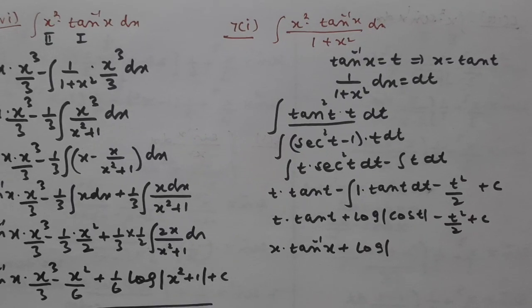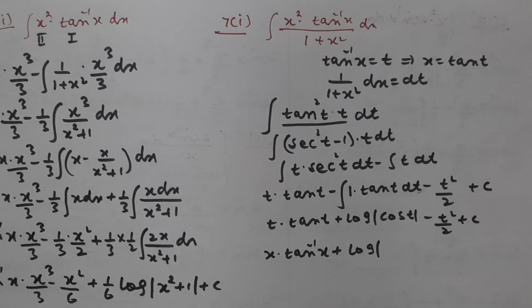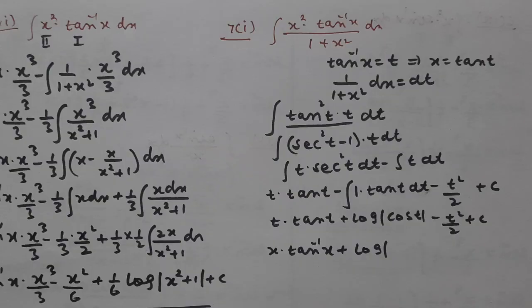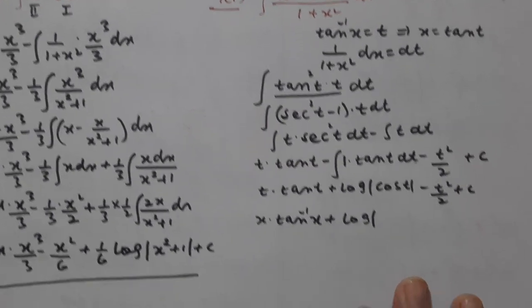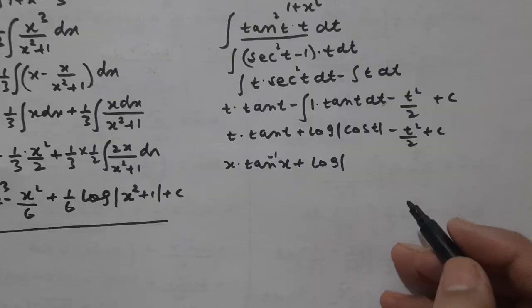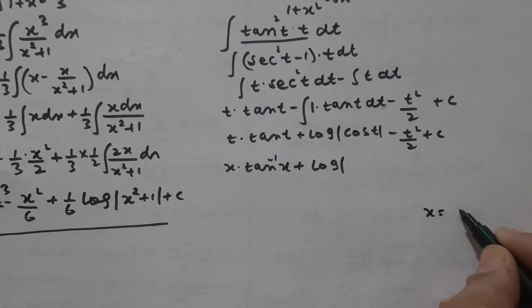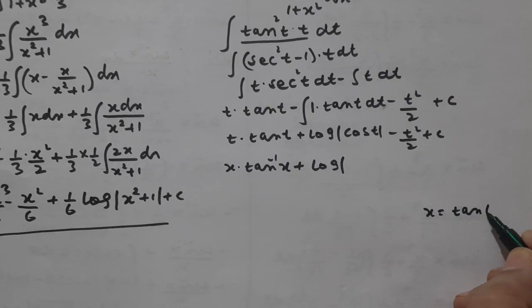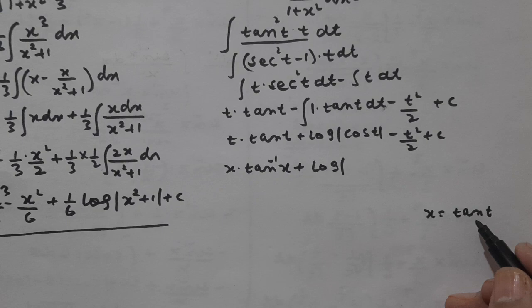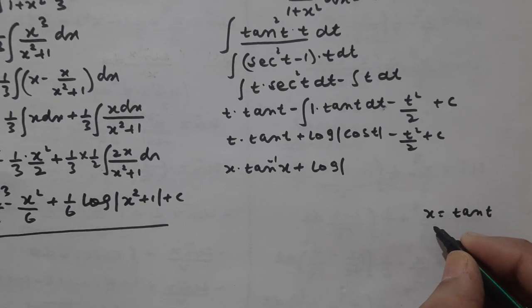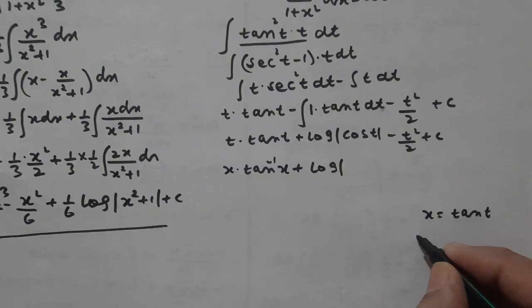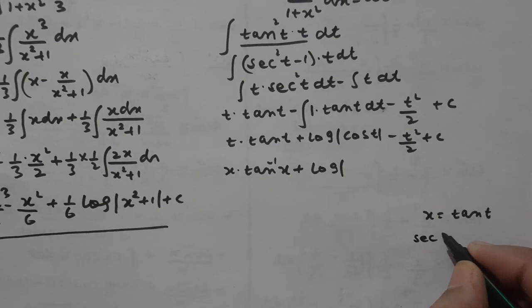Now we have to find the value of cos t from tangent t. Now let us see how to find it. Look students, I tell you what we have to do. x is tangent t, and we have to find the value of cos from tangent. So what we do, we have the formula of secant t.